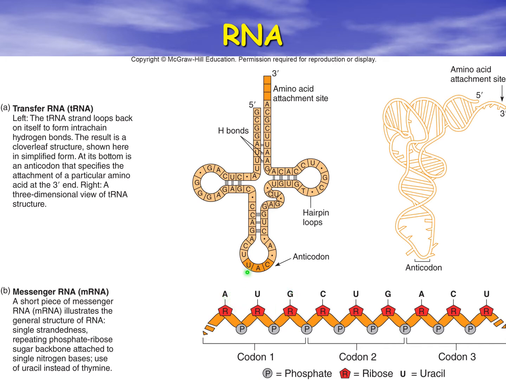So A goes to U, U goes to A, G goes to C, and that's the anticodon of the messenger RNA codon. Now I will tell you that AUG codes for the amino acid methionine. So if a transfer RNA has an anticodon of UAC, it will attach to a methionine molecule out here in the cytoplasm.